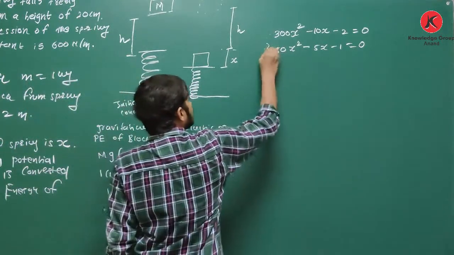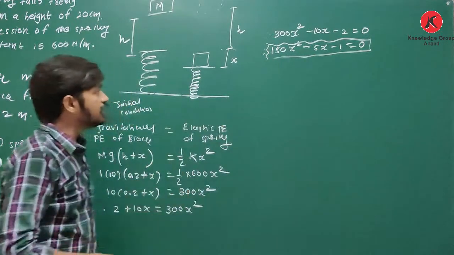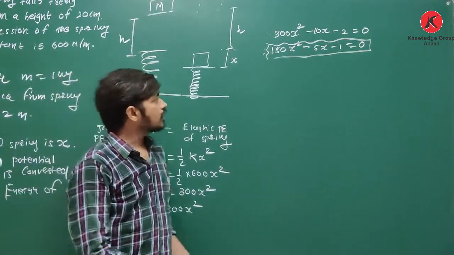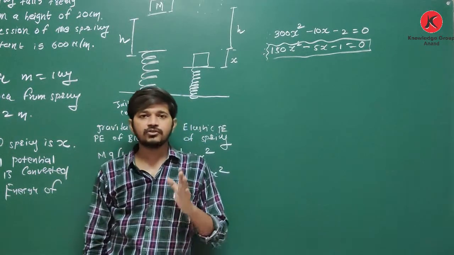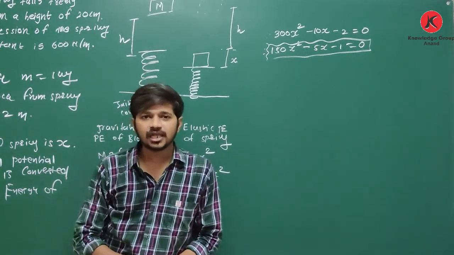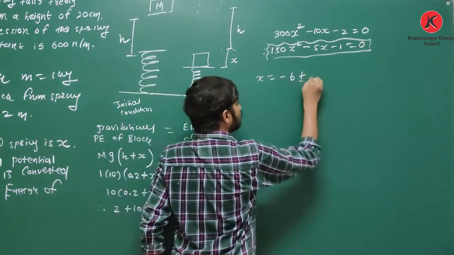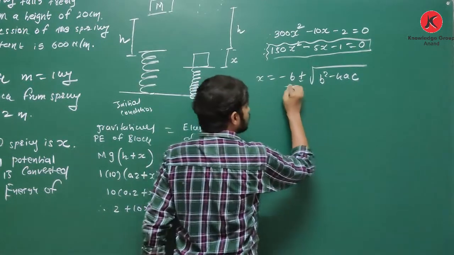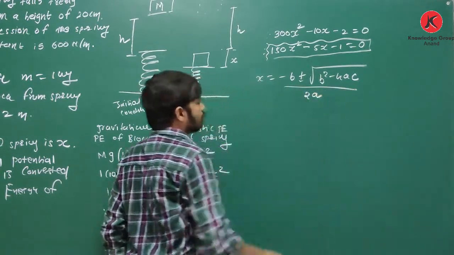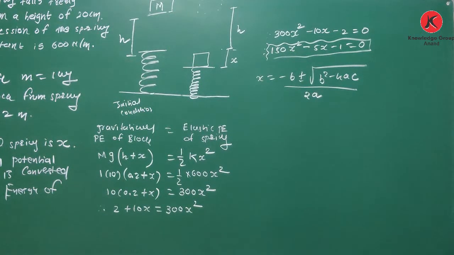It is a quadratic equation, and from this you have to find the value of x: x equals minus b plus or minus under root b squared minus 4ac upon 2a.